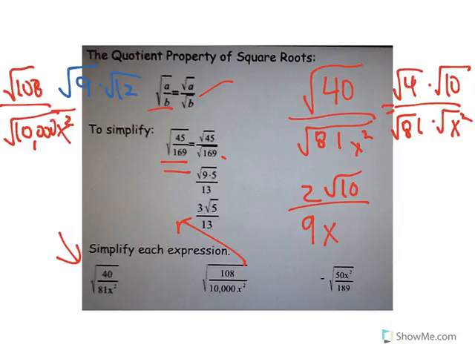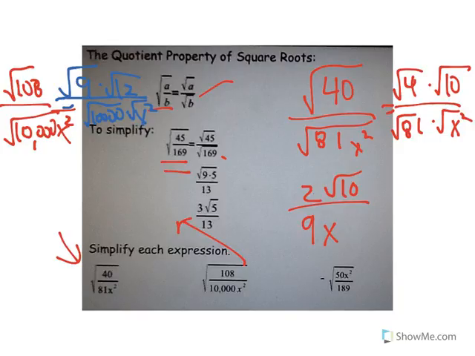And when you take the square root, that bottom part is going to be the square root of 10,000, which is actually just going to be 100, but we can do that in a second, times the square root of x squared.